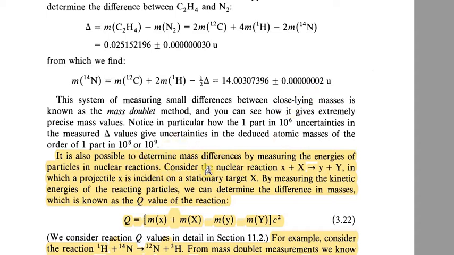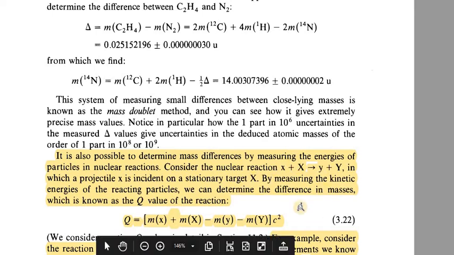It is also possible to determine mass differences by measuring the energies of particles in nuclear reactions. Consider the nuclear reaction X plus X tends to Y plus Y, in which a projectile X is incident on a stationary target X. By measuring the kinetic energies of the reacting particles, we can determine the difference in mass, which is known as the Q value of the reaction.